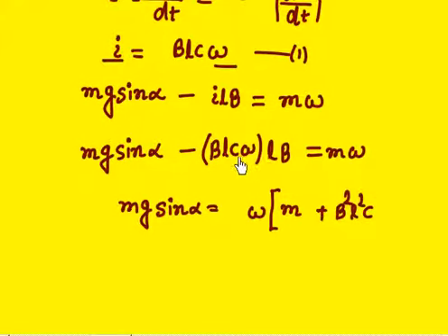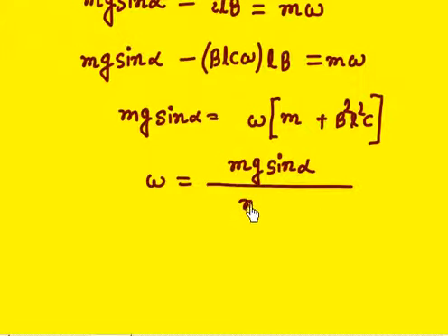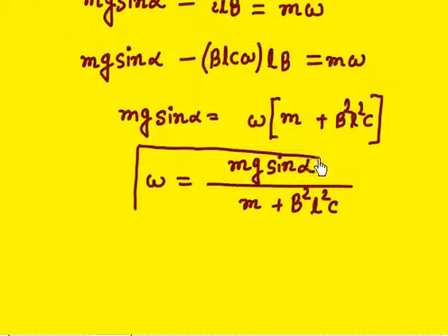So I can calculate omega from here. Omega is mg sine alpha divided by m plus B square L square C. So this is the omega I will have of the connector. Are you getting or not?